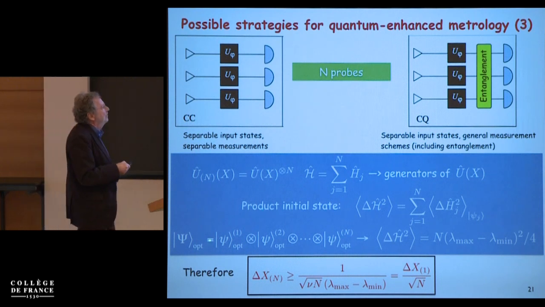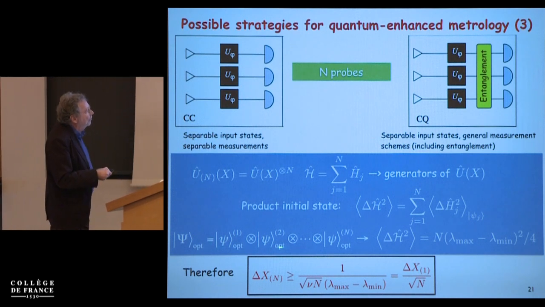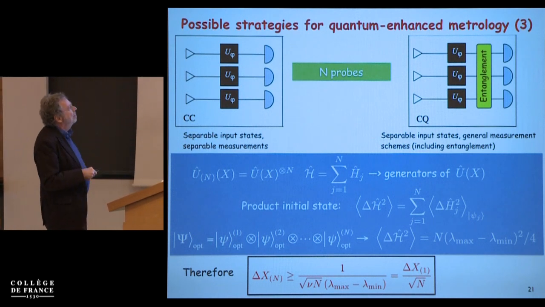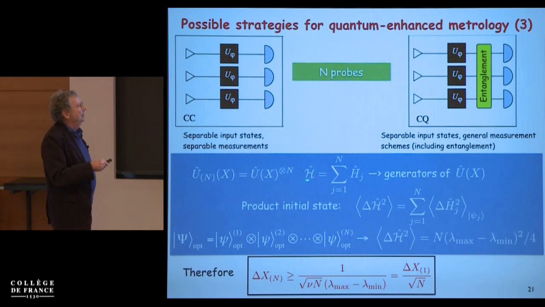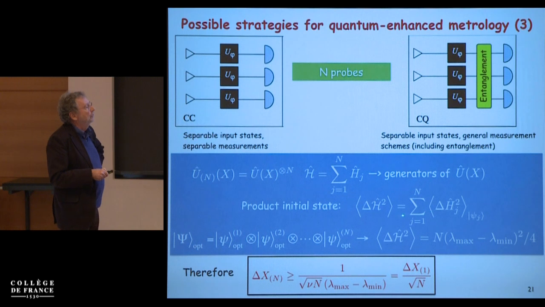Suppose we start with an initial state, which is just a product initial state, like this one. Then the variance of this H here, the global H, is just equal to the sum of the variances of each individual generator. And this means that if you have this state here, then the variance is given by that.